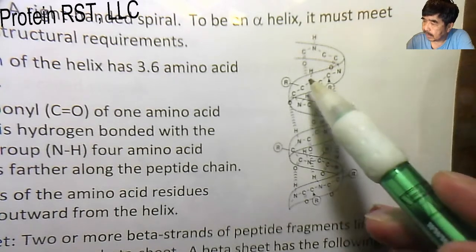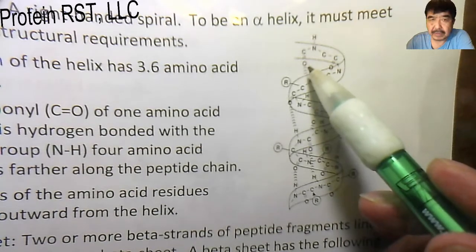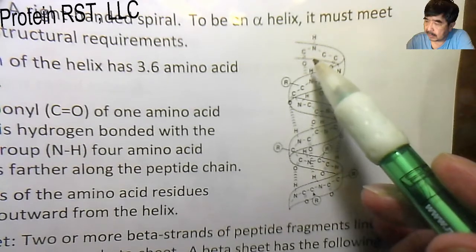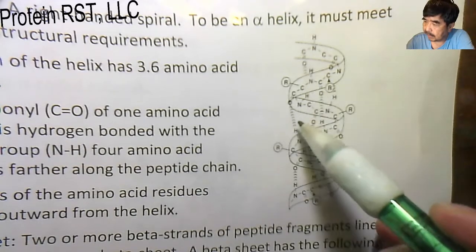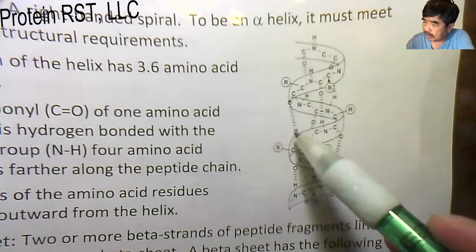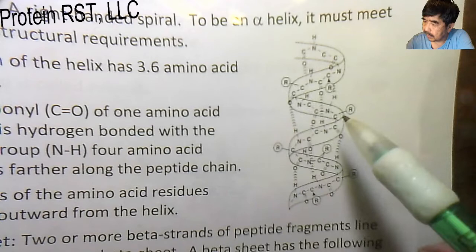Then you can see the hydrogen bond, the force for forming the alpha helix. The dashed lines represent hydrogen bonds.